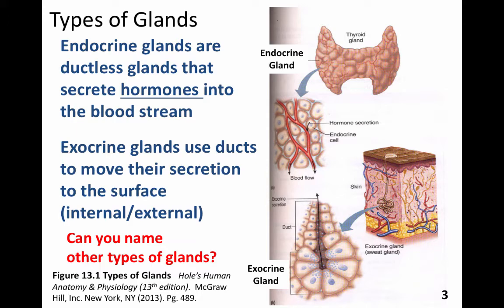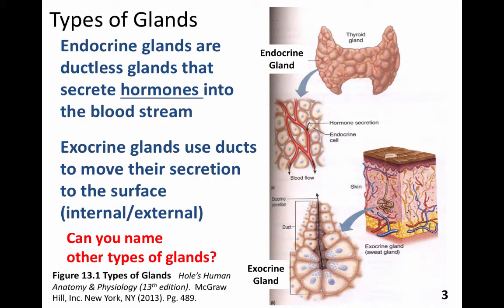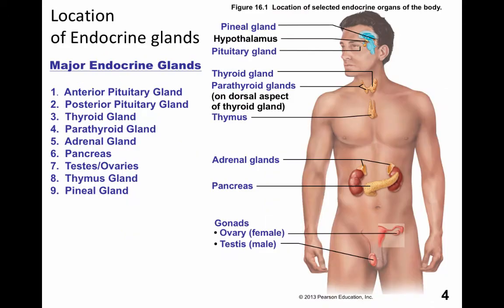Whereas here you're looking at an eccrine sweat gland, where this exocrine gland has a duct, and these cells release that substance into that middle area and release their material out to an external surface. And this can also happen internally as well.